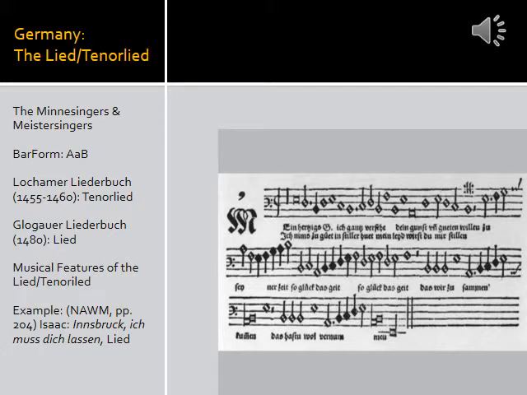The difference between Lied and Tenorlied is that in Lied, the tune or the melody is in the top voice or the soprano voice. In Tenorlied, the tune is in the tenor voice. So the other source, guys, is the Lochamer Liederbuch, compiled, we think, in 1455 to 1460.